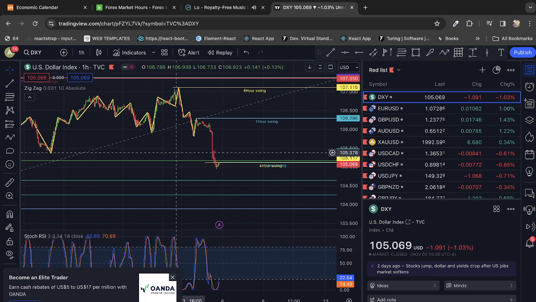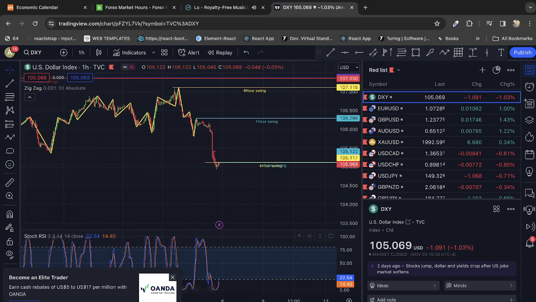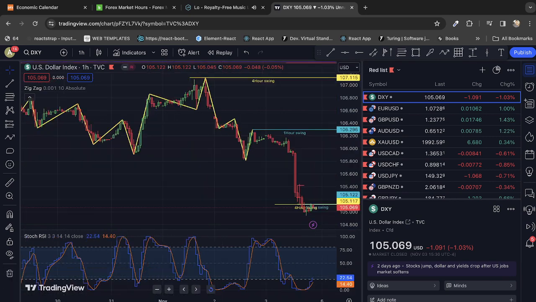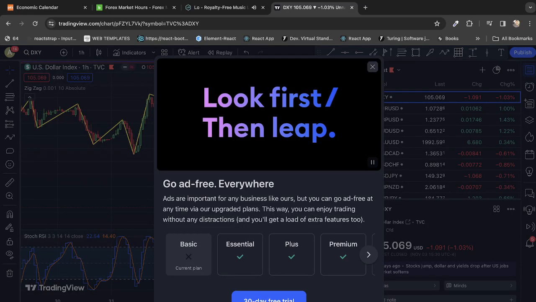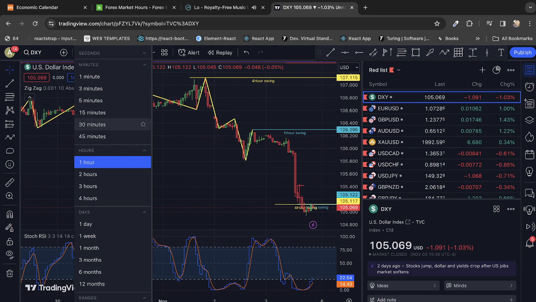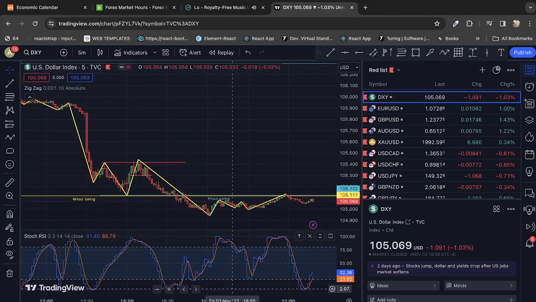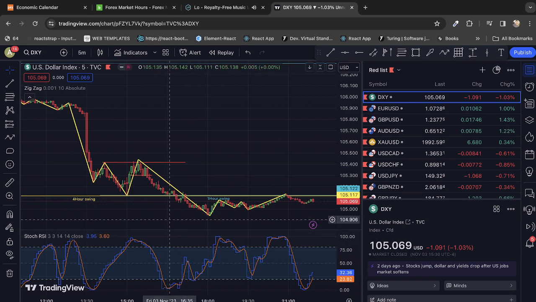So if we should look further down, let's look at the 5 minute time frame. I'm sorry about all this drawing, I'll just have to delete this Fibonacci, right? Yeah, my chart looks a bit nasty. But if I come down to the 15 minute time frame, which is the time frame that I trade mostly on, you will see the reason why I have those levels.